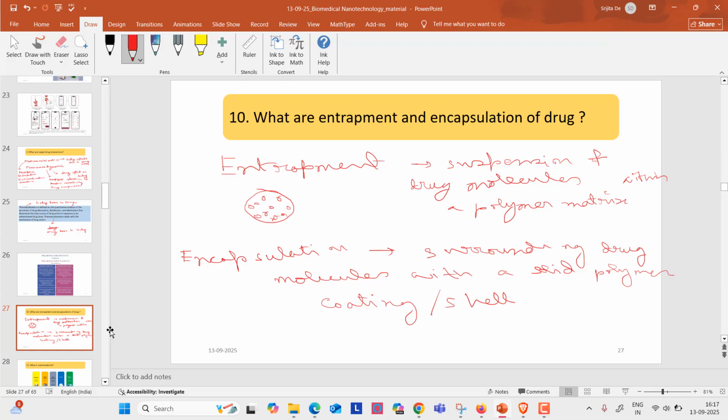Here these small particles are our drug, and this is the polymer matrix in entrapment. In encapsulation, the core is made of drug, and the core is encapsulated by a solid polymer shell. So this is the difference between entrapment and encapsulation of drug.